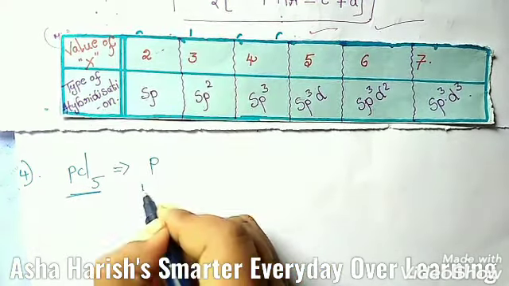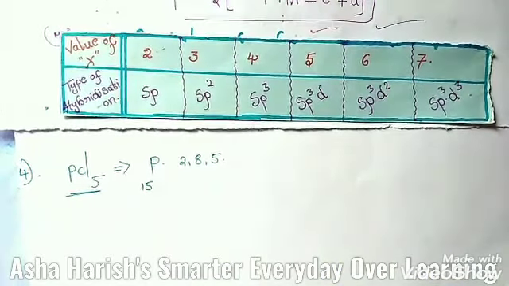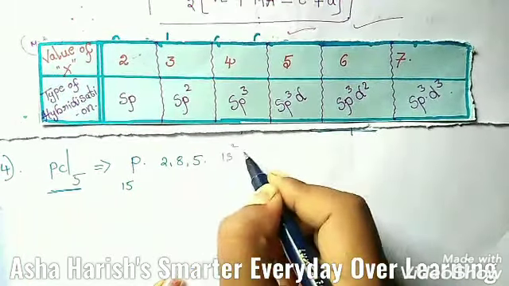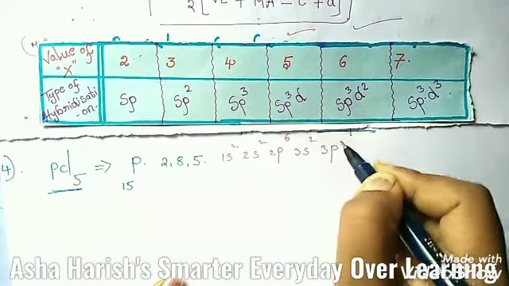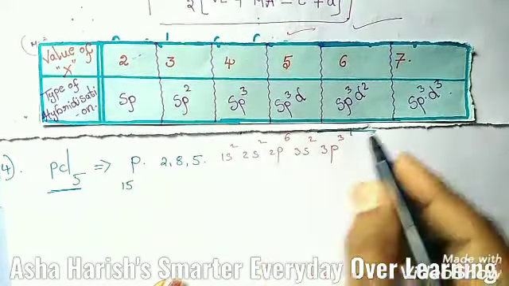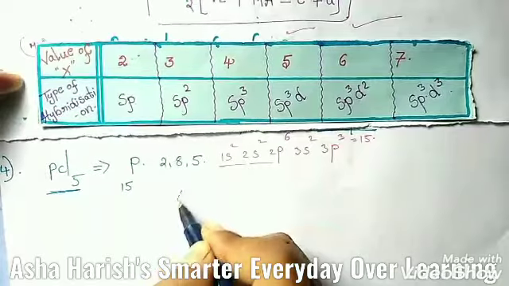You can take its electronic configuration as 2, 8 and 5: 1s2, 2s2, 2p6, 3s2, 3p3. Okay, if you count all these numbers, you should get 15 electrons. Here phosphorus is the central atom and chlorine are the surrounding atoms. We can calculate the X value for this.